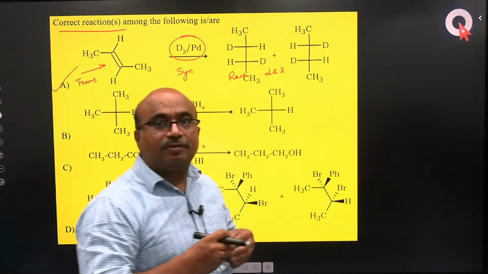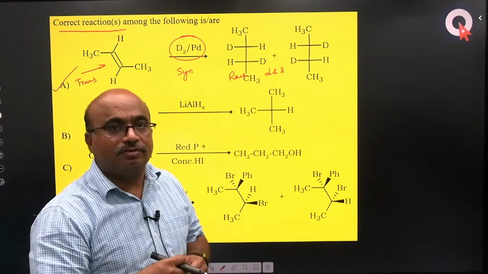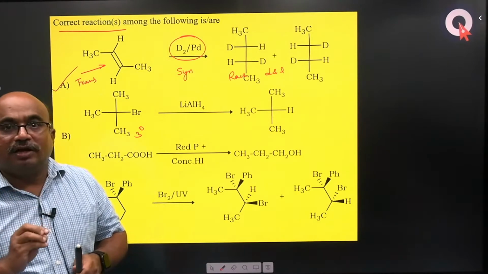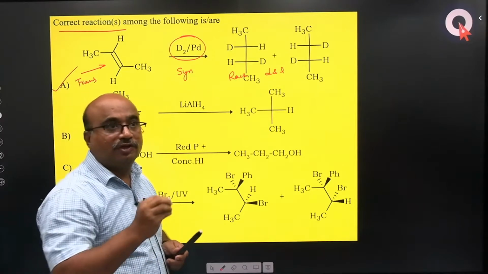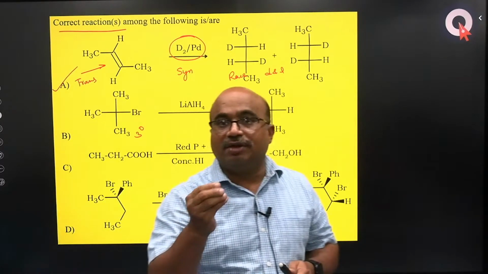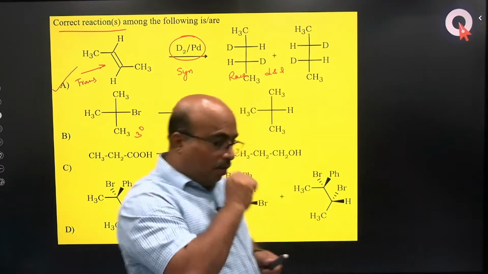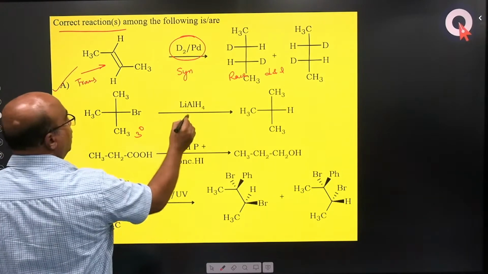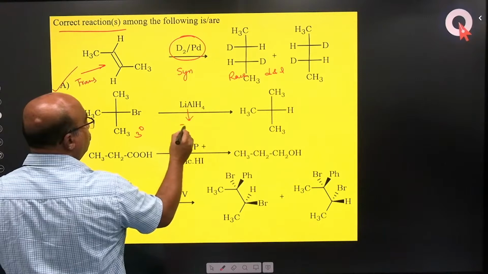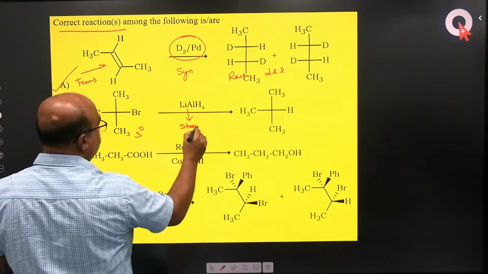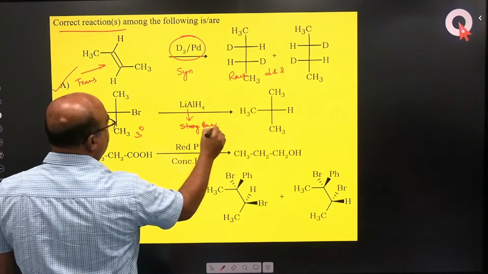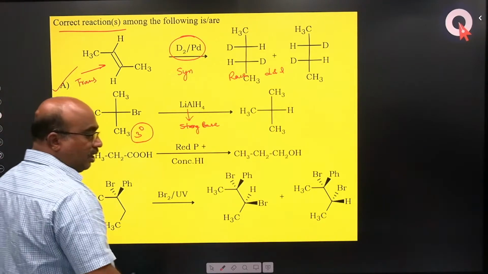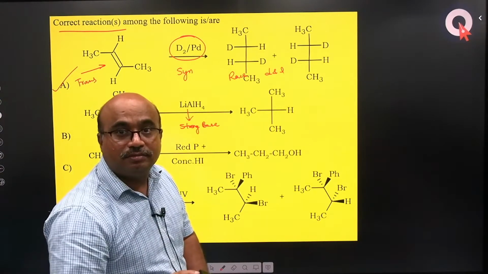So the H minus will behave like a stronger base also. It's not a bulky base, it's small, and it is a stronger base because its conjugate is a very, very weak acid. So tertiary alkyl halides will generally favor elimination.